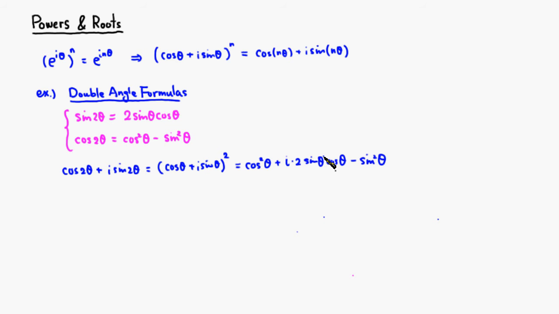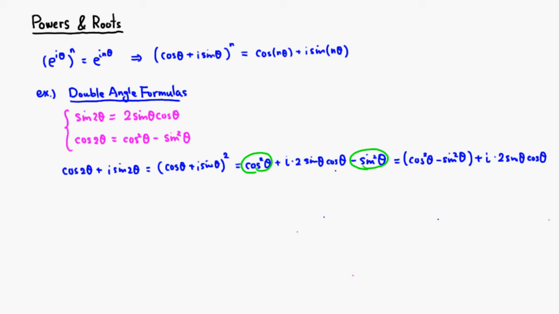Then if you collect the real part, we get cosine squared of theta minus sine squared of theta. So that's the real part. Then plus i times 2 sine of theta cosine of theta, which will be the imaginary part. So look at the beginning.